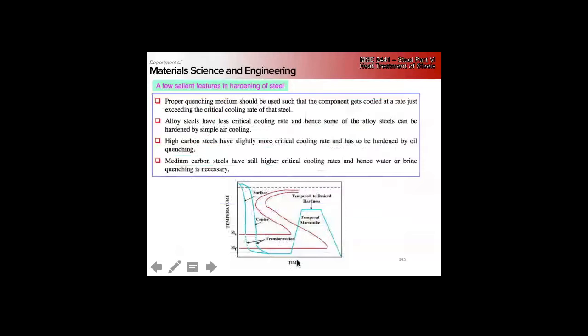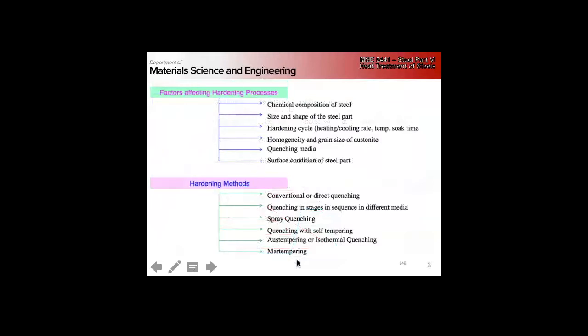Medium carbon steels need either water or brine, either dunk or spray quenching, and for low carbon steels, there's basically no way you can cool fast enough. You're always going to come through the nose. You'll get some martensite, but you won't be able to get a fully martensitic structure.